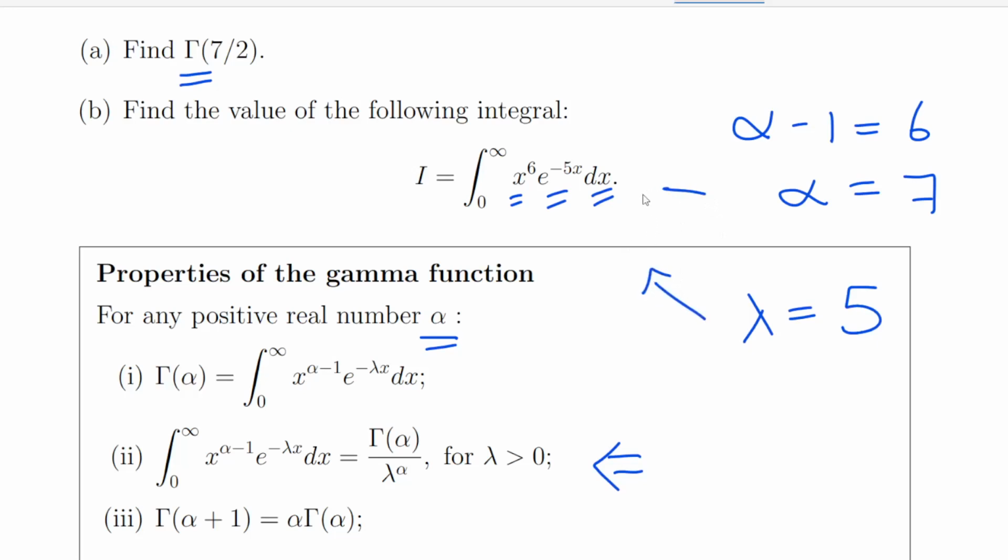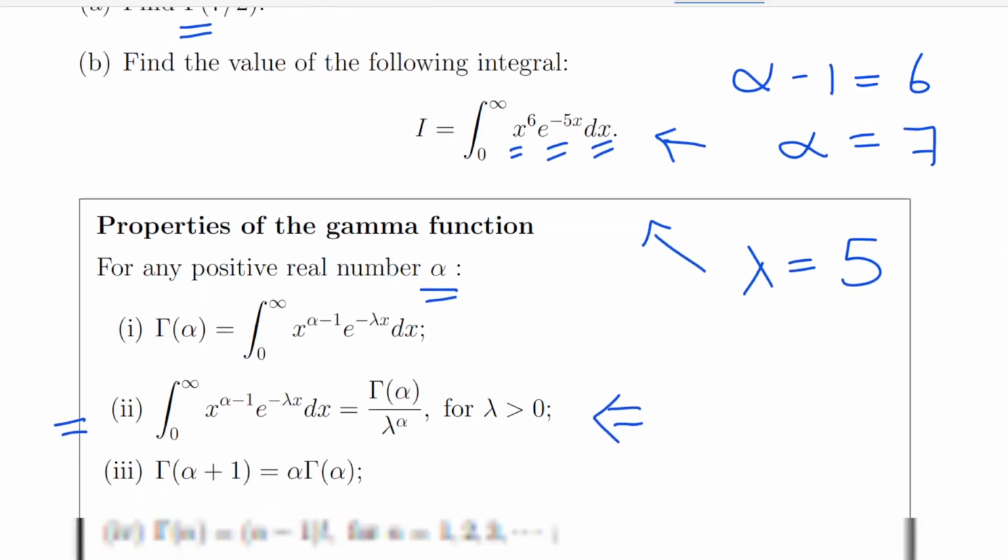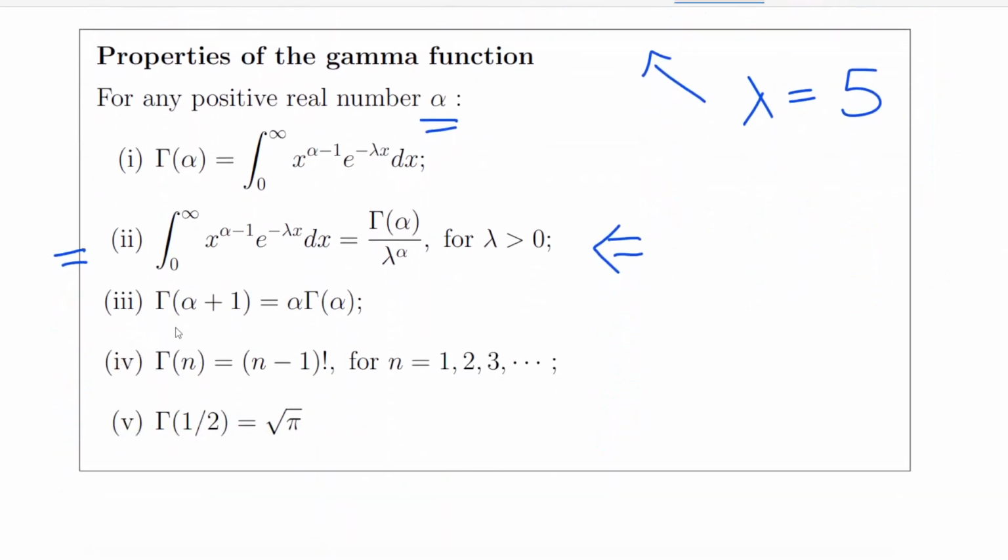Based on property 2, okay? Some other useful ones here. The gamma function of alpha plus 1 is equal to alpha times the gamma function of alpha. The gamma function of n, where n is a positive integer, is simply n minus 1 factorial. And then finally, the gamma function of 1/2 is the square root of pi.